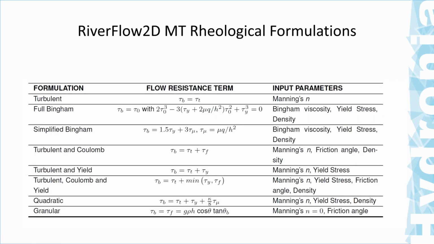In addition to that, we provide the option to the user of using different rheological formulations, and this has been a common feature since the beginning of the module when we released it a few years ago, because we thought that not every non-Newtonian fluid behaves in the same way.